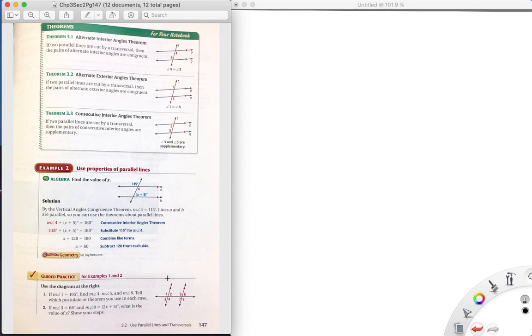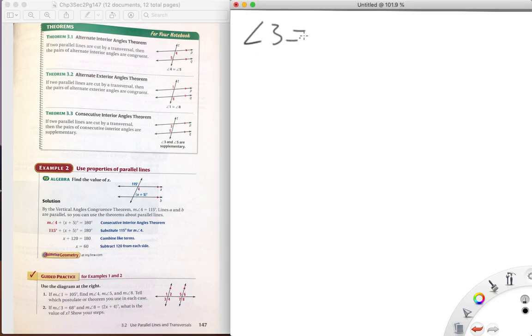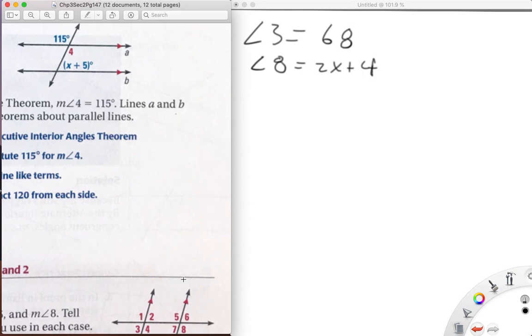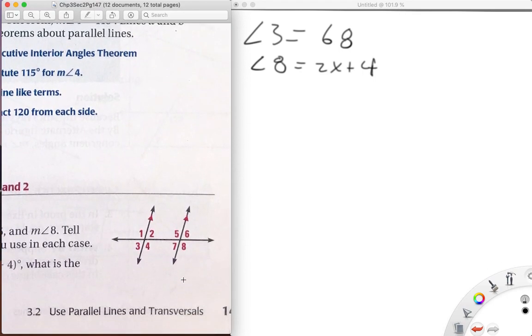This one says if 3 is 68, find 8. So angle 3 equals 68 degrees. Angle 8 equals 2x plus 4. Alright, let me check that out. So here's angle 3 right here. Here's angle 8.